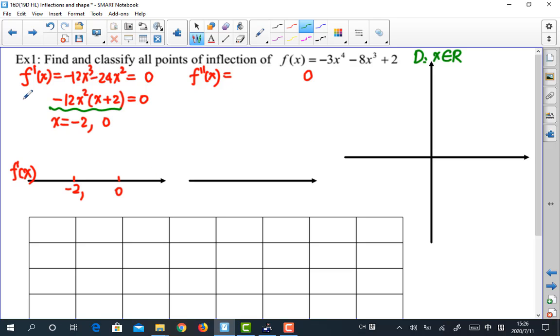This is f prime x in the factored form. Let's determine the sign of f prime x in each interval. So on this interval, we should have positive f prime x. On this one, we should have negative. On this interval, we should have negative f prime x.